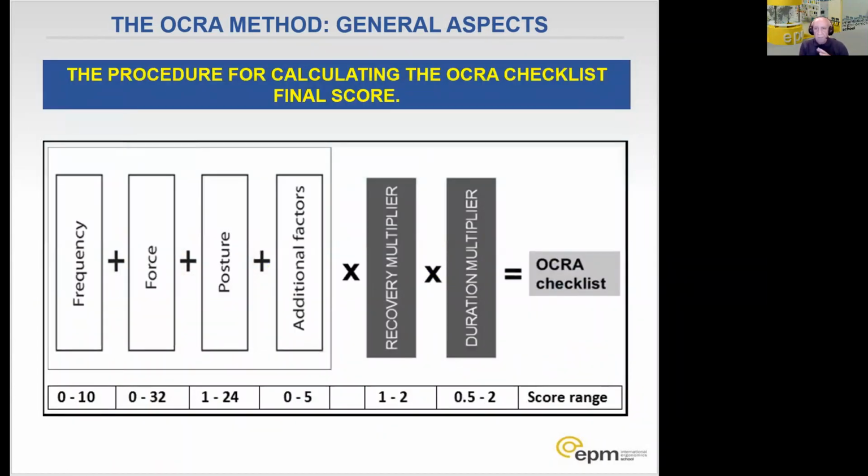The way the OCRA checklist final score is computed is the following: adding the partial scores for frequency, force, posture, and additional factors, and weighting this sum by two multipliers regarding the distribution and presence of breaks and the daily duration of the repetitive task.